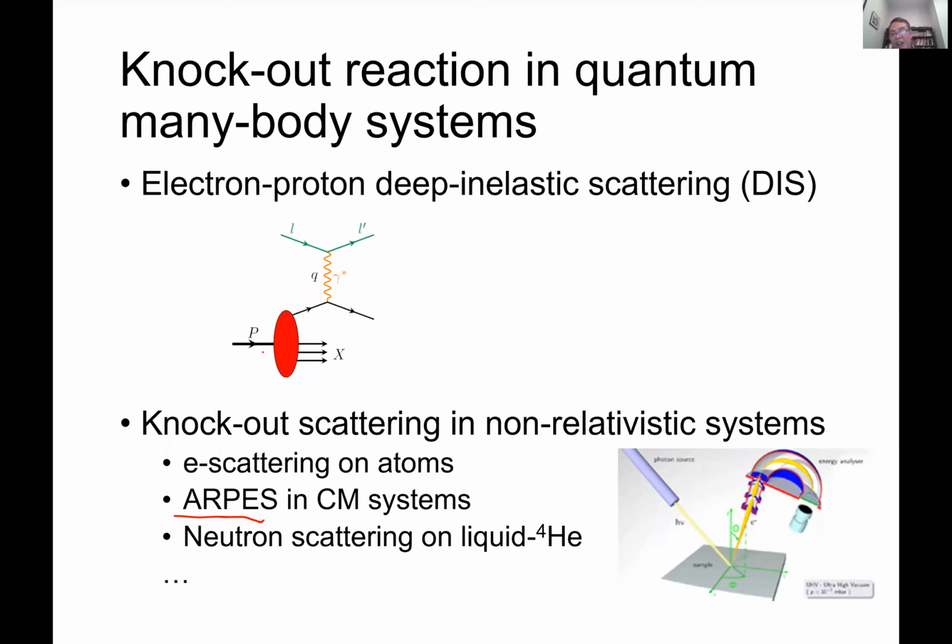So you have photons kick out an electron, and you measure the momentum and energy of the electron coming out. Or you can use neutron scattering on liquid helium-4 to learn about the momentum distributions of helium atoms inside liquid helium. So people accumulated a lot of experience over the years for this kind of knockout reaction. So Feynman basically says, well, we can use the analogy of this.